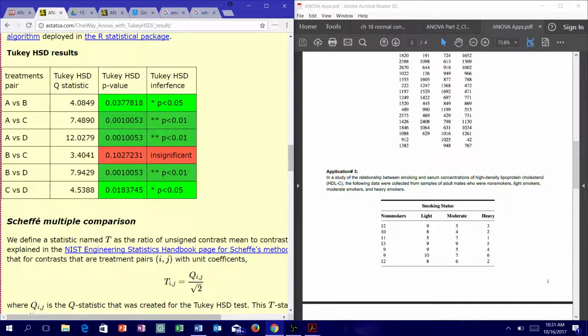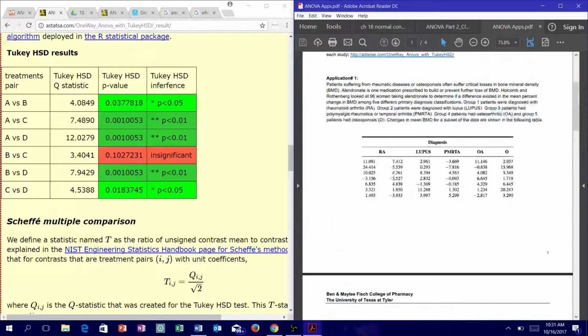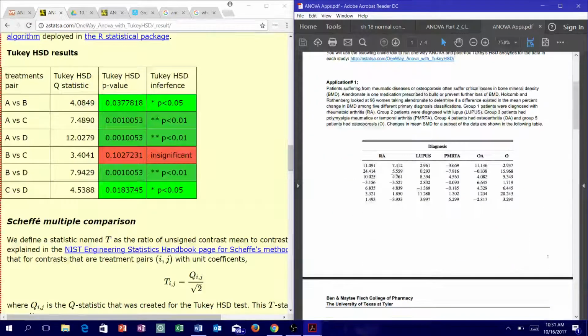Light is different from moderate, not A versus B and B versus C. I know some of you have already done it using symbols, and that's okay. Don't worry about it. Don't fix it now. But for the exam, and if you're writing a paper, you don't tell people A versus B and B versus C if you have an actual name for the groups.